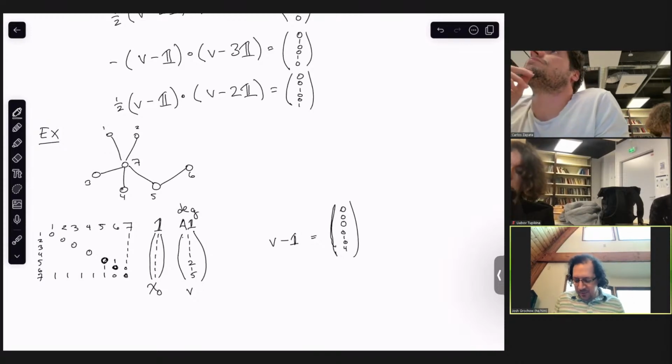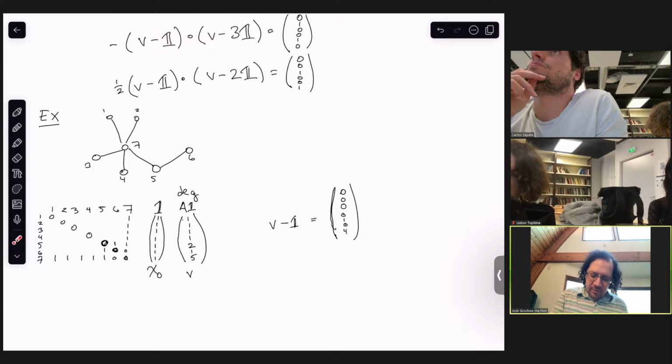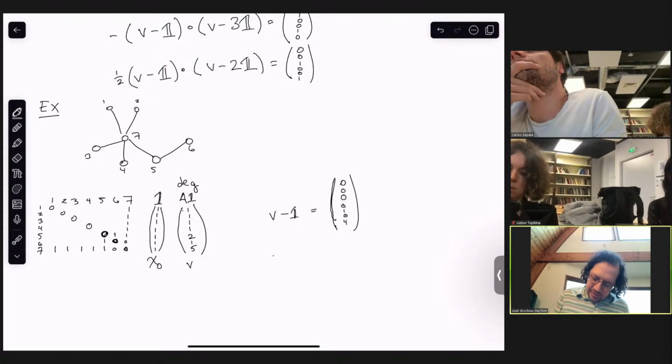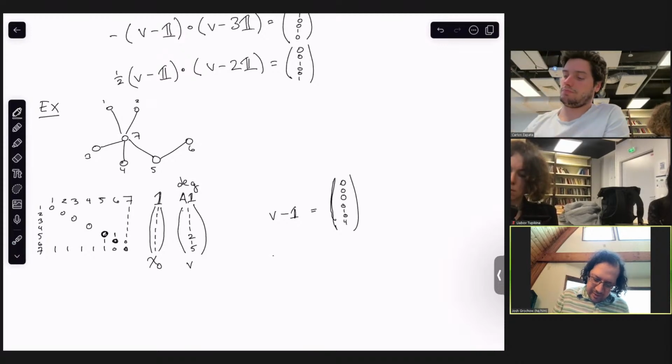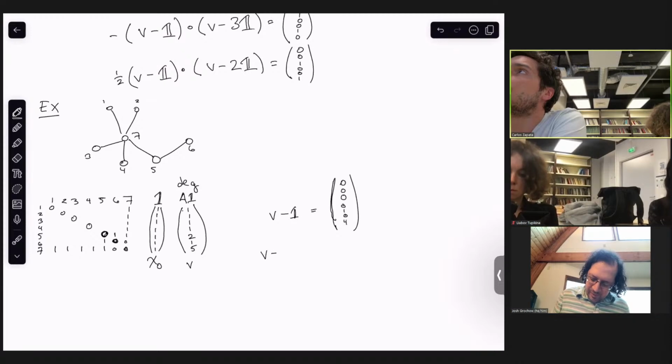Now I can do slightly clever things, which is I can say, well, really I should have 3 color classes here. So I want to get out 3 vectors from this corresponding to the 3 color classes, corresponding to the 3 different degrees that I see in this graph. So what can I do? Well, let me just pull out the magic formulas, but they're not magic.